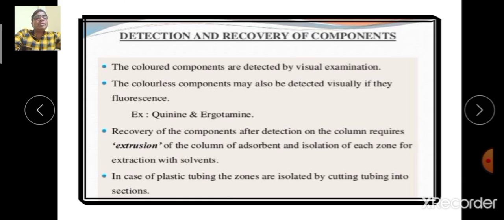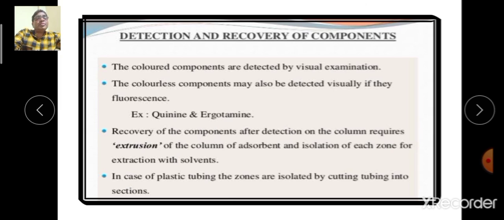The recovery of the components from the column requires extraction of the column of adsorbent and isolation of each zone for extraction with solvent.